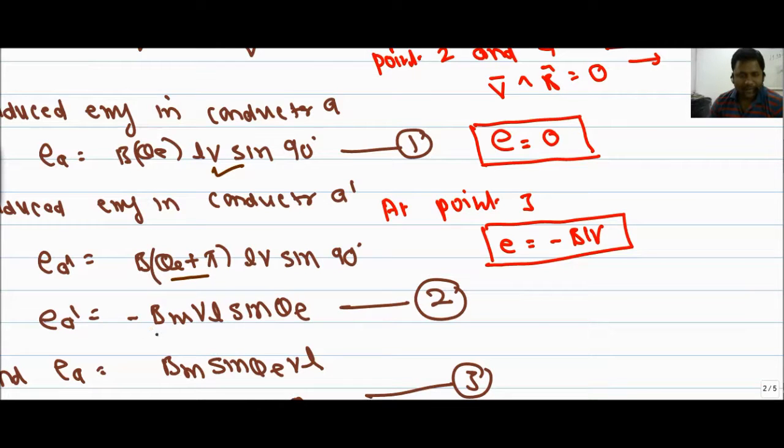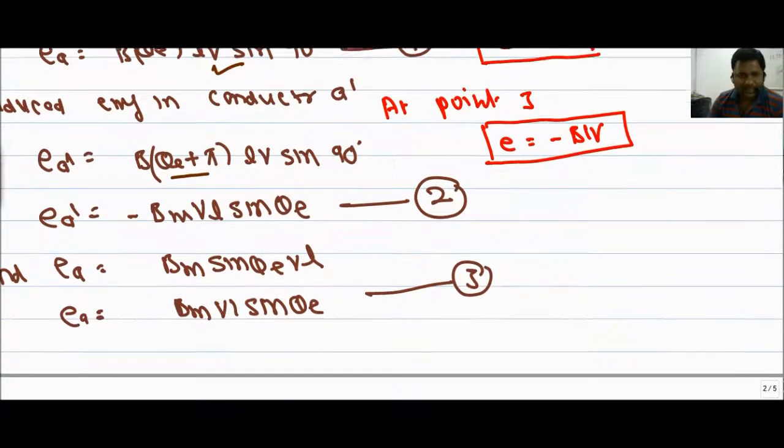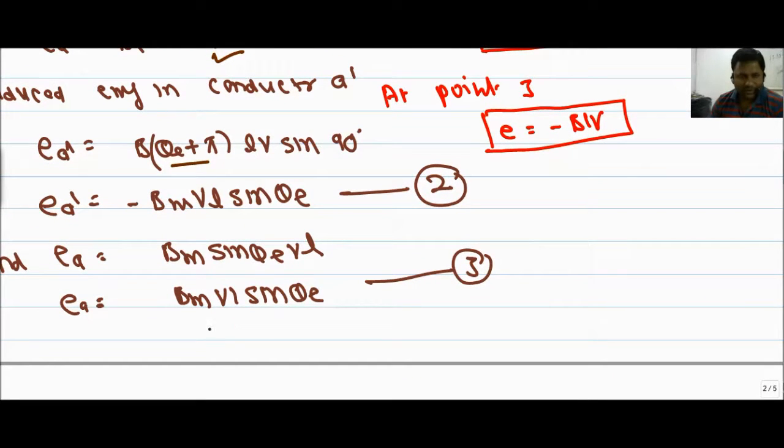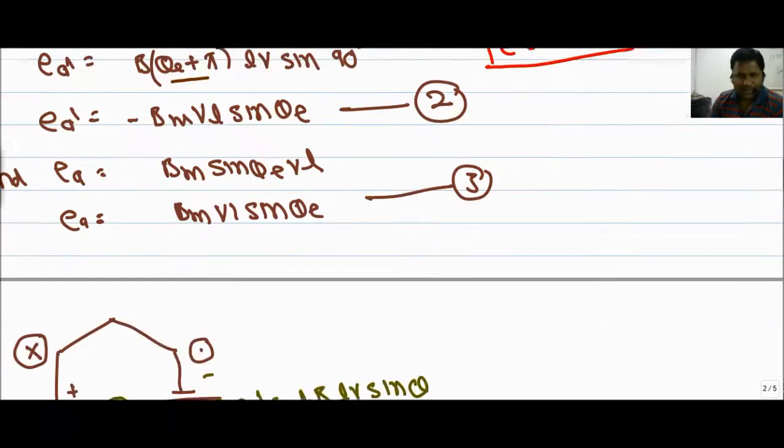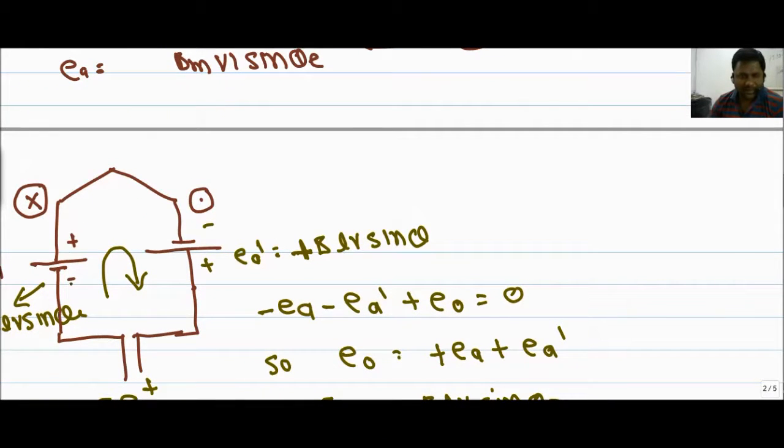Then we have BLV sin theta E. If we solve it, we get BLV sin theta for E dash. Then we know the conductor experiences the plus and the minus.